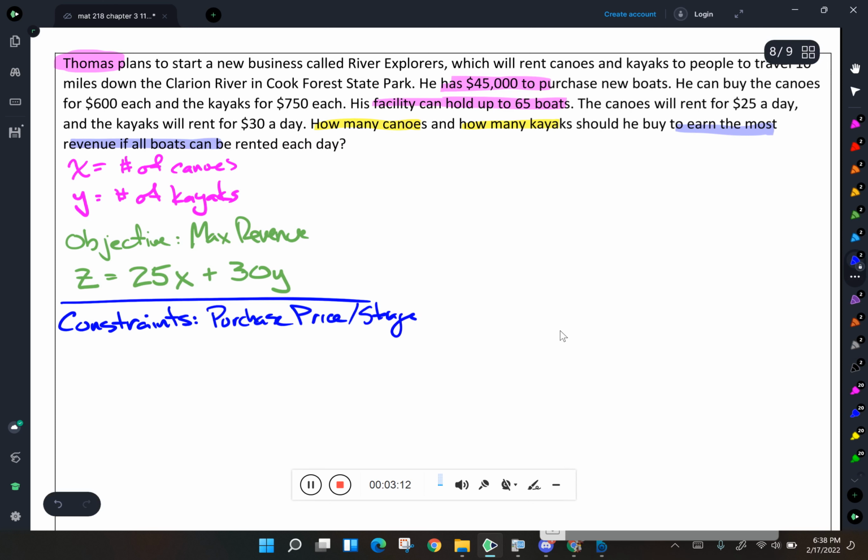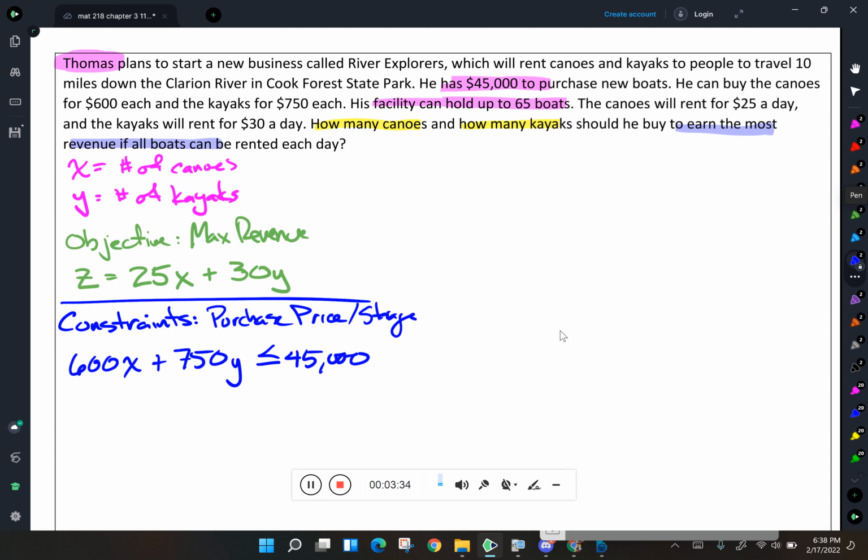Okay. So the purchase price tells me that a canoe costs $600. So $600 times the number of canoes I buy, plus the $750 per kayak times the kayaks I buy, has to be less than or equal to $45,000.